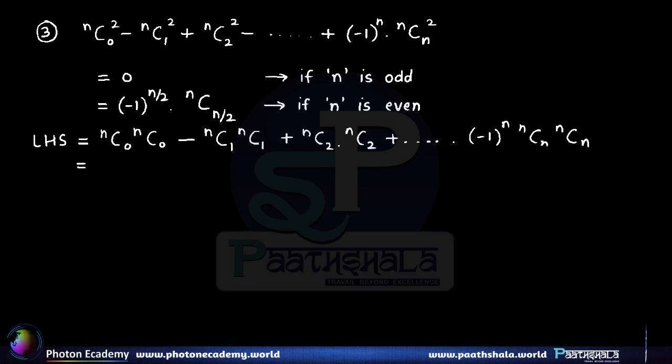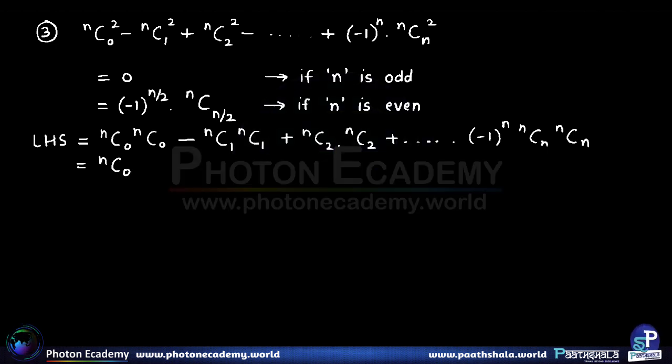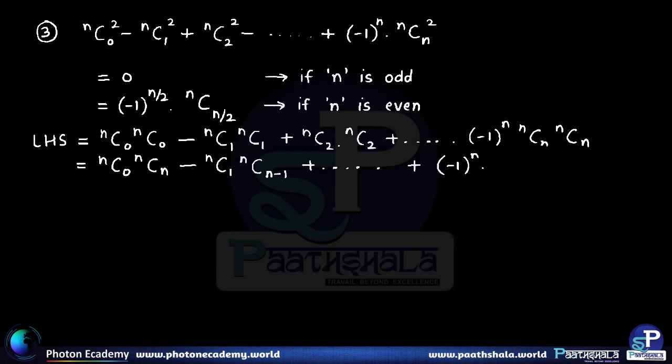Now using the property once again, nC0 we will write as nCn, then nC1 we will write as nC(n minus 1) and so on, up to lastly we will write minus 1 raised to n into nCn, and the second nCn we will write as nC0.